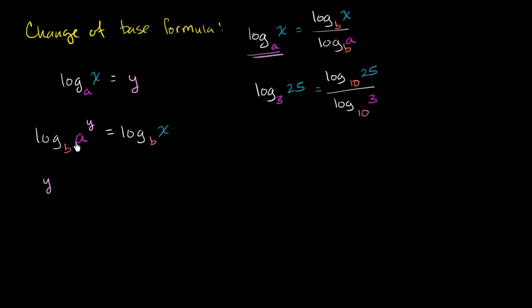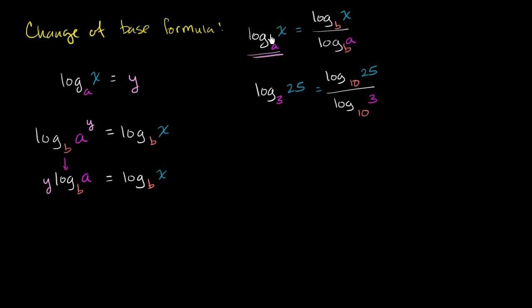So logarithm base b of a to the y is the same thing as y times the logarithm base b of a. This is just a traditional logarithm property. We prove it elsewhere. And it's going to be equal to the right-hand side, log base b of x.